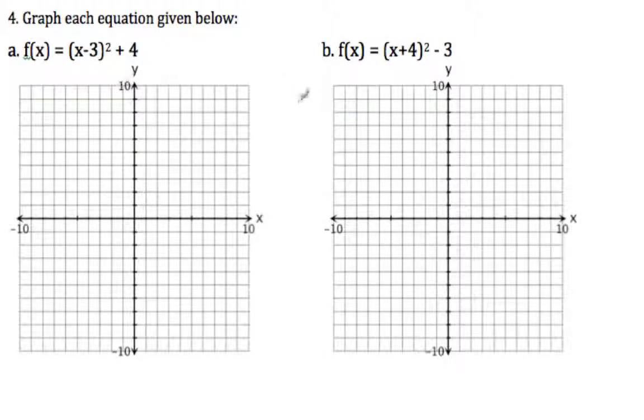Now we're graphing these equations. We have to figure out where they start. X minus 3 moves it right 3, 1, 2, 3, and then you go up 4, 1, 2, 3, 4. So you start here. Now on the pattern, you're going to go on either side: over 1, up 1, over 2, up 4.